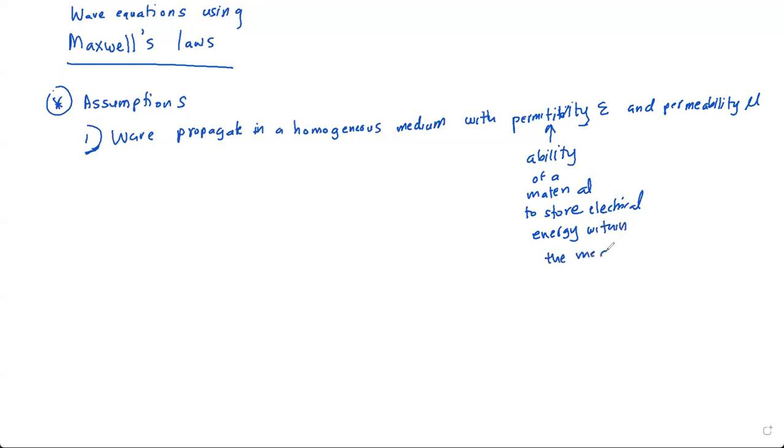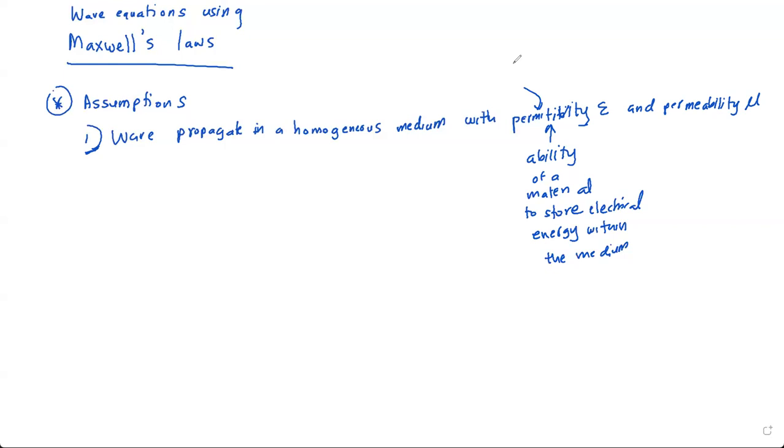Basically, permittivity means how much ability the medium has to generate electric fields, which means how much ability it has to store electrical energy.